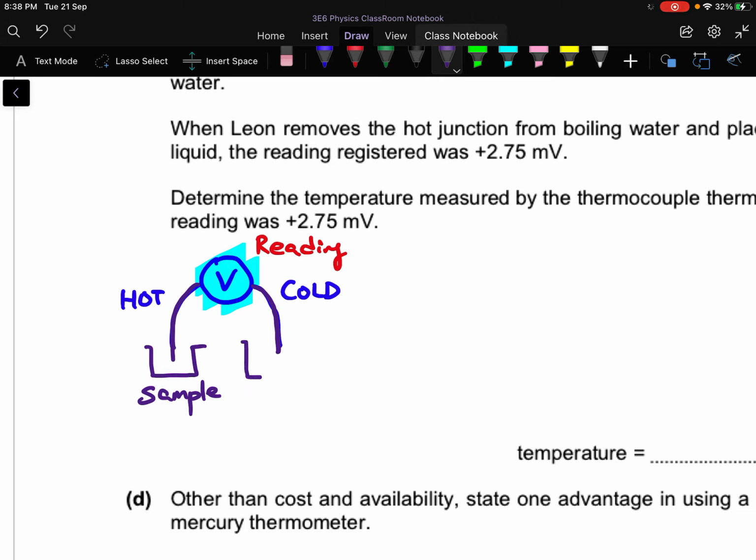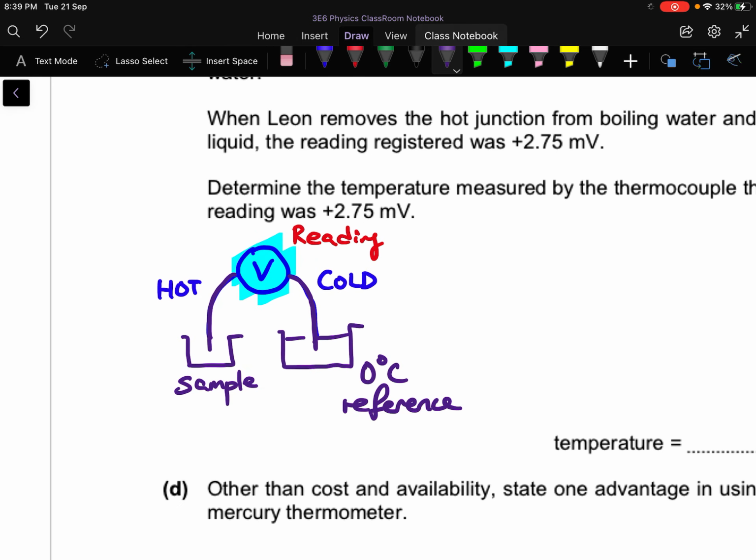For thermocouple, you need to put the cold junction into a reference temperature. Most of the time, this reference temperature is going to be 0 degrees C. Then the hot junction will be placed into something that you want to measure.